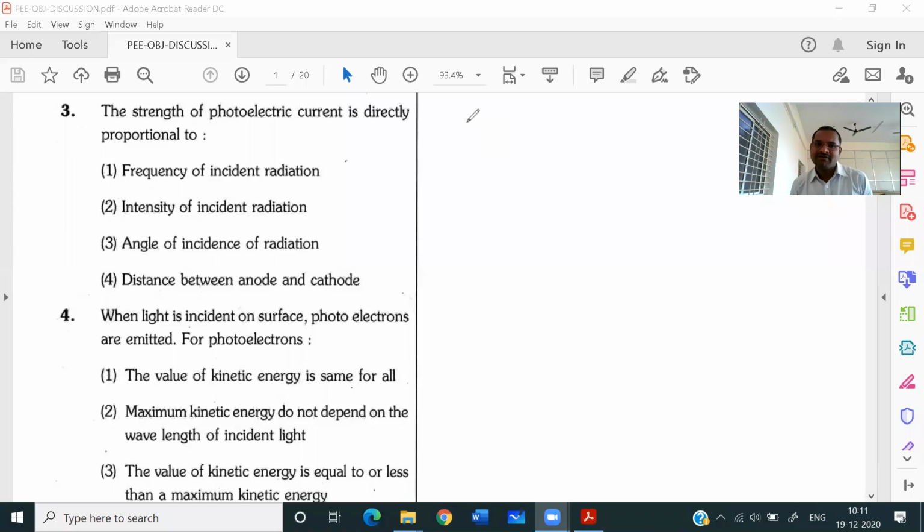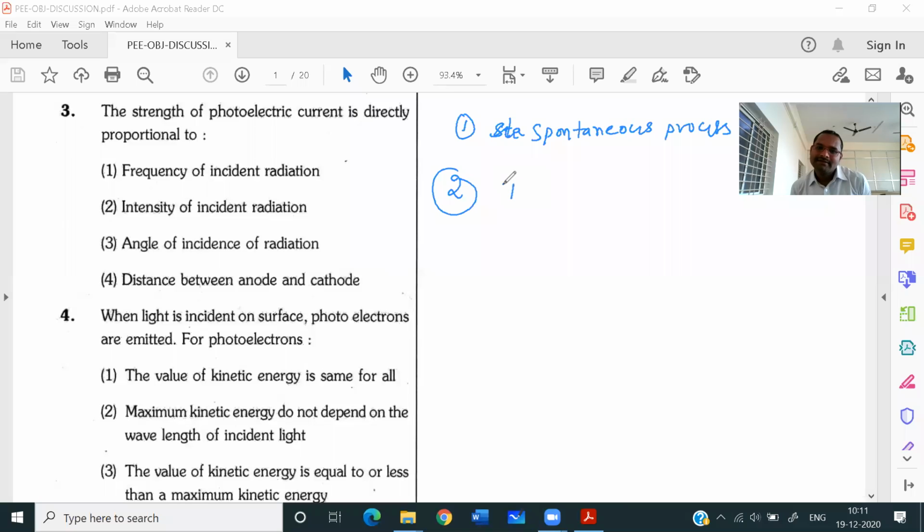First law is what? It is a spontaneous process. Photoelectric effect is a spontaneous process. As soon as light falls on that, photoelectrons will eject out. Second law is what?